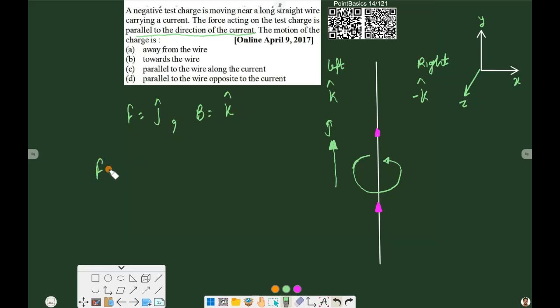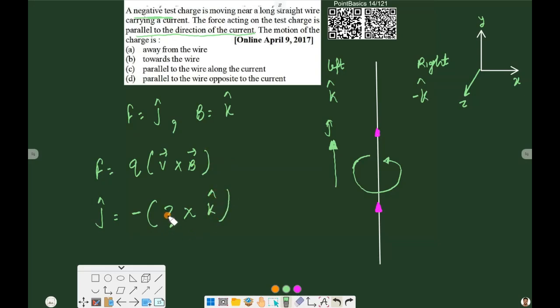We know that force is equal to q times v cross B. Now we have a negative charge, so we will have a negative sign here, and we are only discussing direction. So the force is in j with a negative sign. Charge does not have any direction. Velocity we don't know, so take a question mark here, cross product with k.